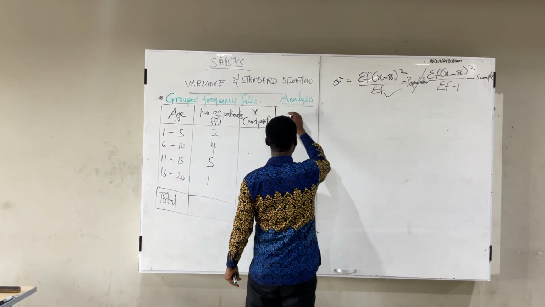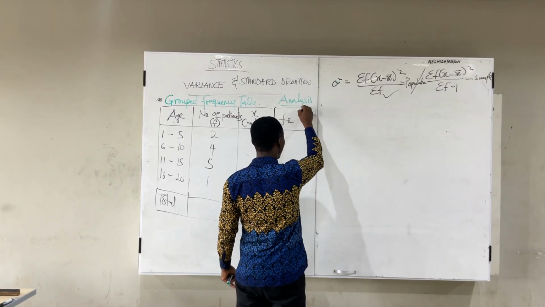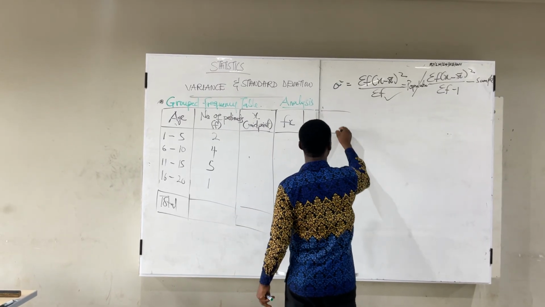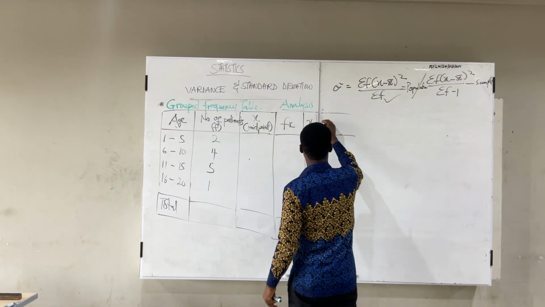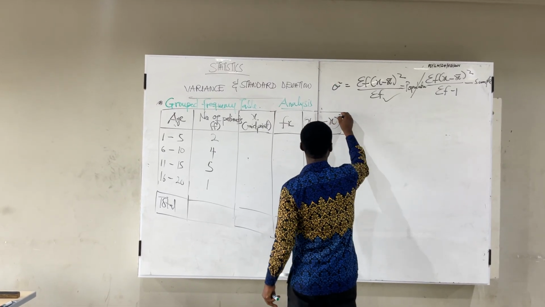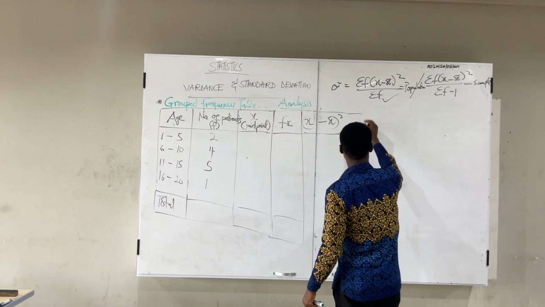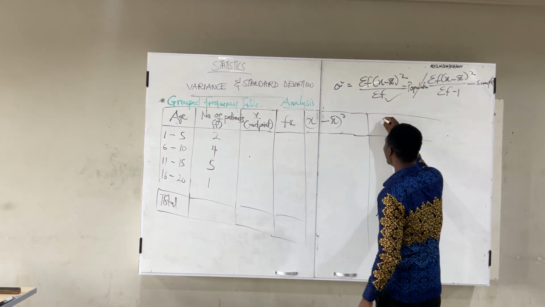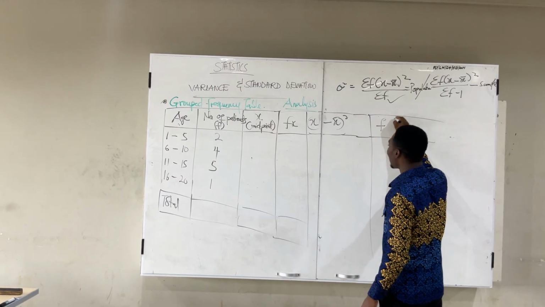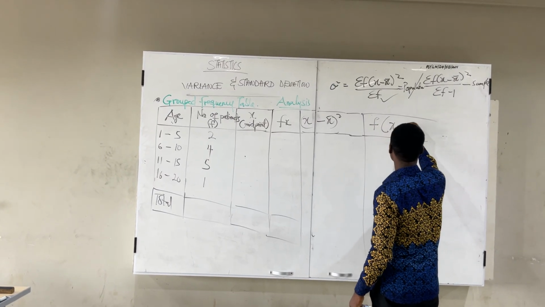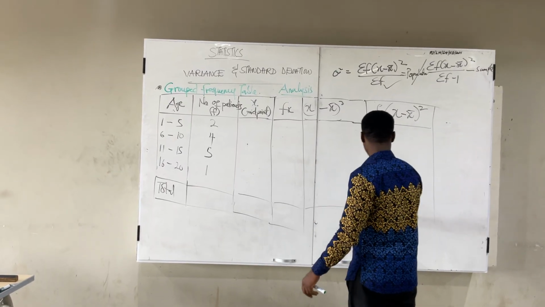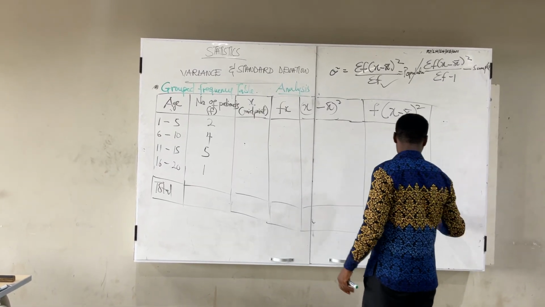The next column you need is the f times x column. The next column you need is the x minus the mean, the deviation column. The next column you need is the frequency times the deviation squared column. Once you are able to add all these columns, you are halfway through.